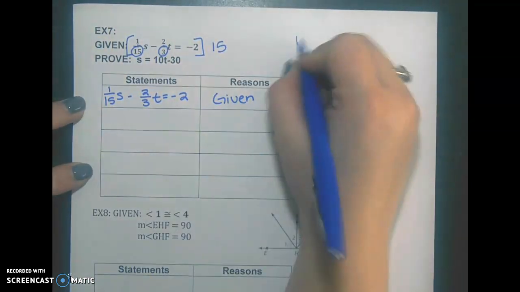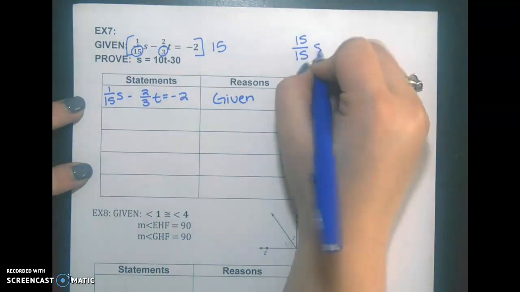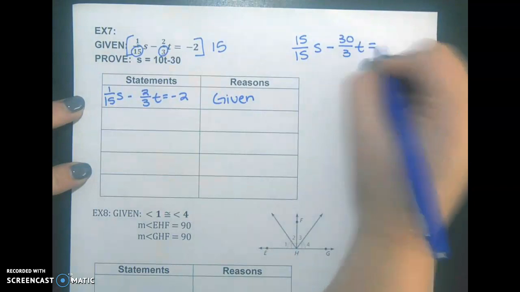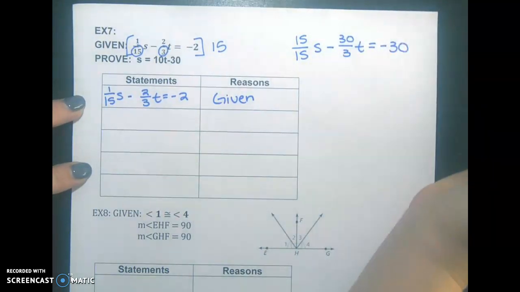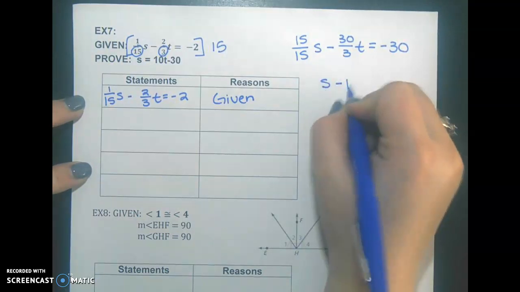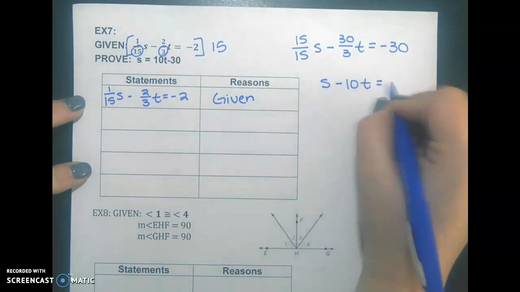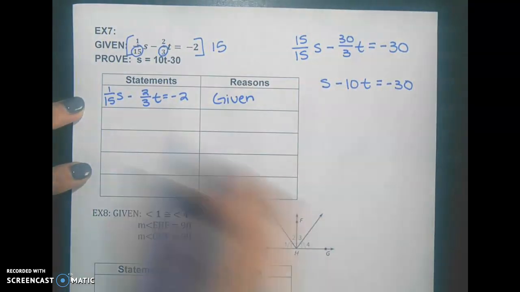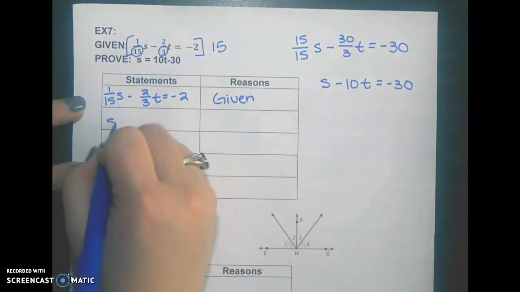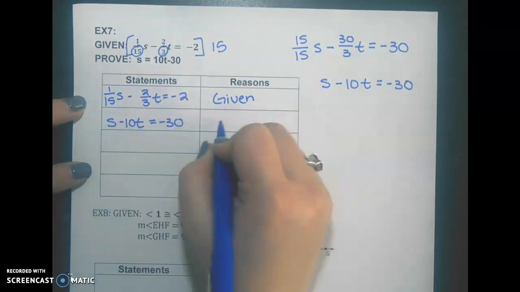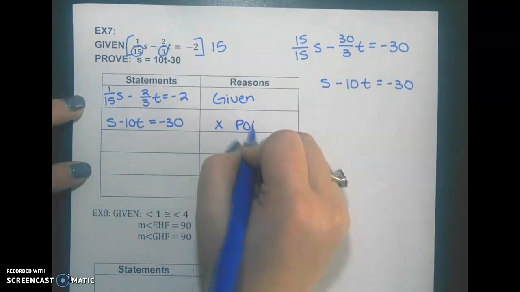So that's going to give me 15 over 15s minus 30 over 3t is equal to negative 30. And now I want to simplify, and I'll get that s minus 10t is equal to negative 30. So I can say s minus 10t equals negative 30 because of the multiplication property of equality.